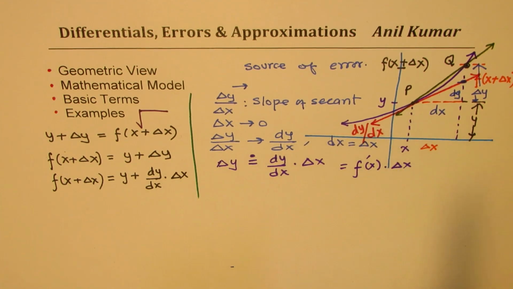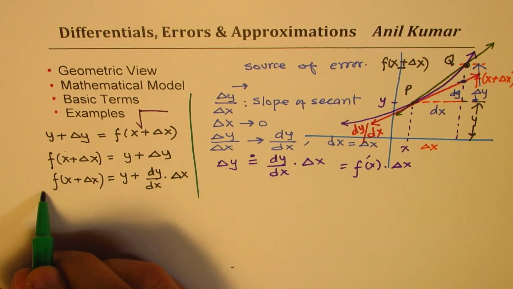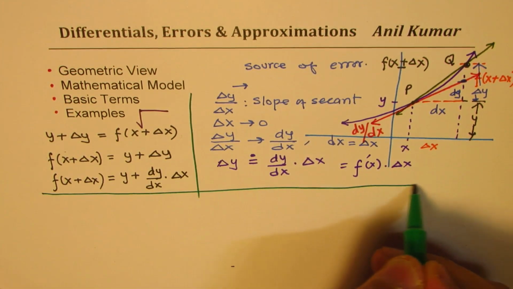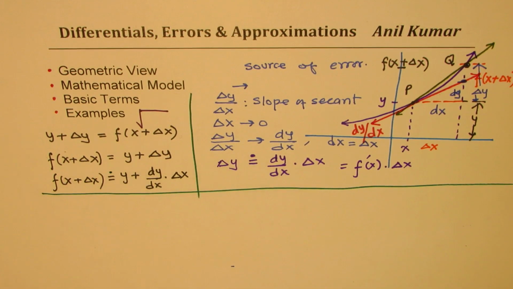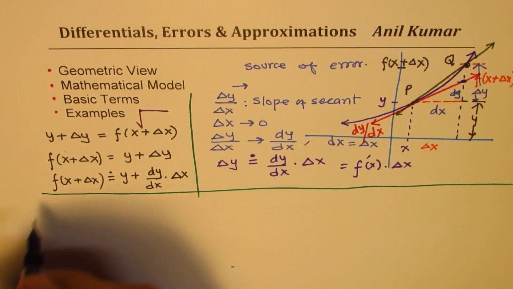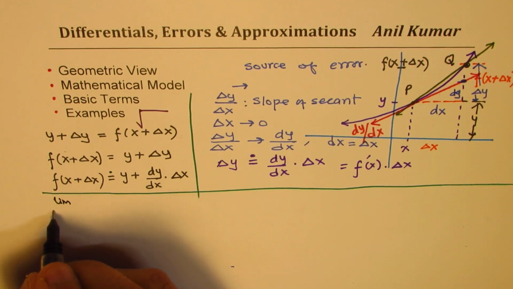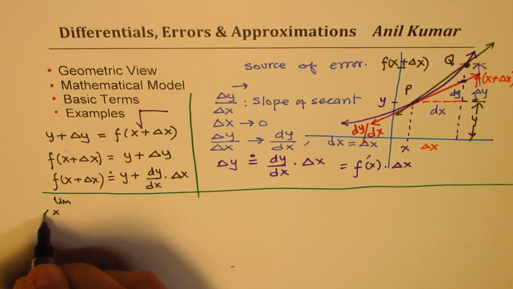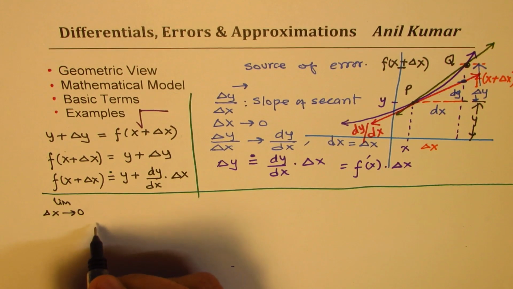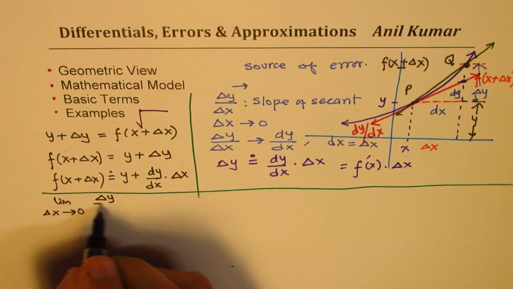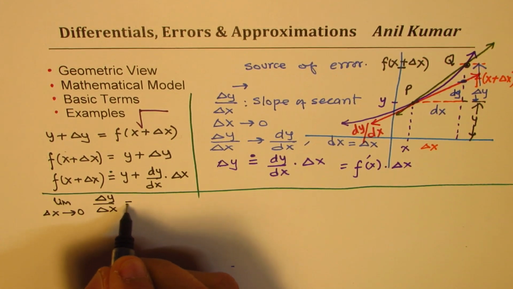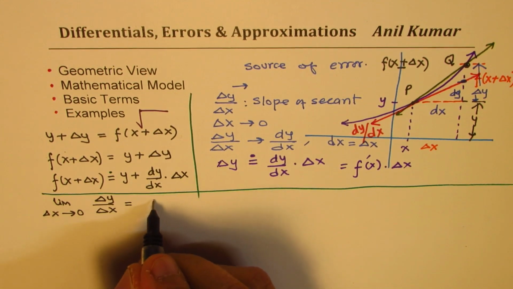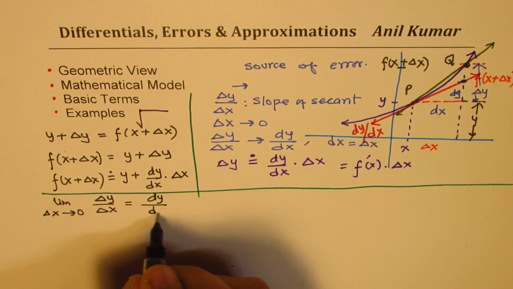Perfect. Now let's try to create our model. So the model will be, we know this creates an error, and that's why we wrote approximately equal to. Right. So in a way, we can see that the limit when delta x approaches 0 for delta y over delta x, in that case it is exactly equal to dy over dx, right?